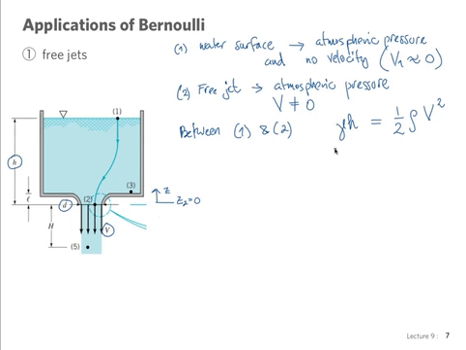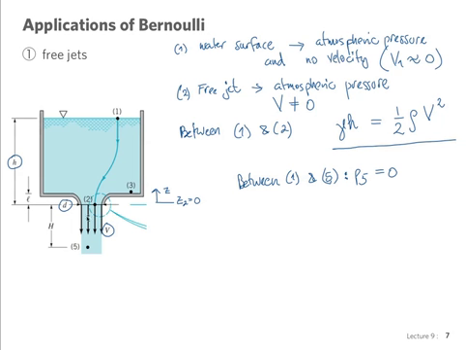And so it's kind of like a free fall interpretation there. And then there's a point down here at 5 that is a little further below. And so between 1 and 5, we have, again, P1 equal to 0, P5 equal to 0. It's all at atmospheric pressure. It's a free jet.